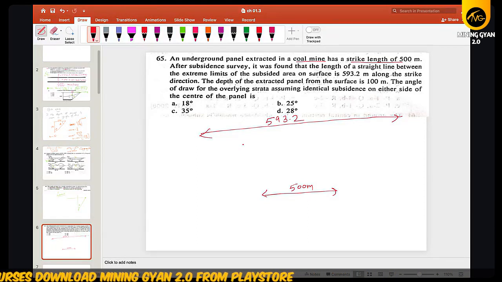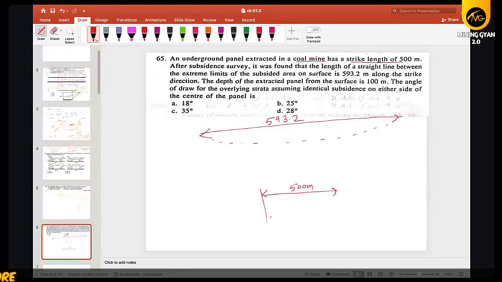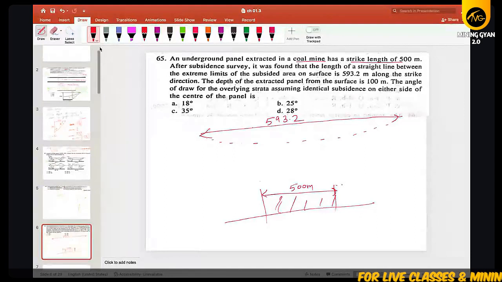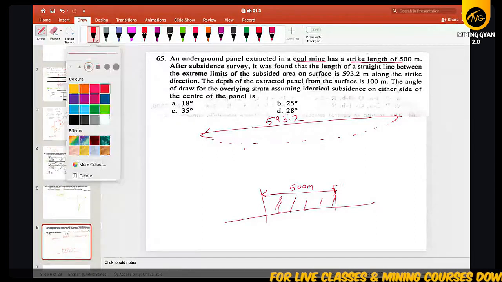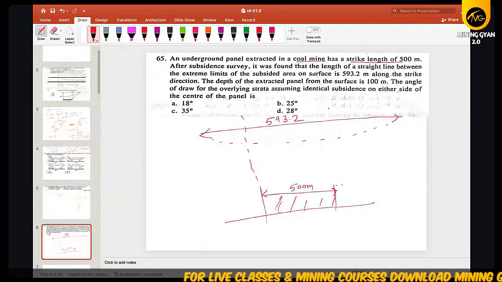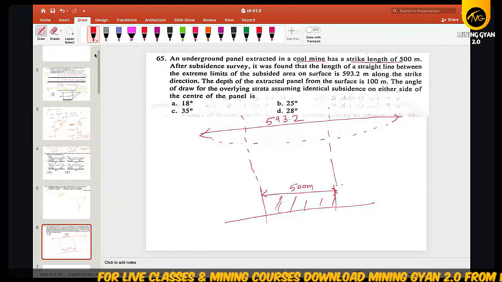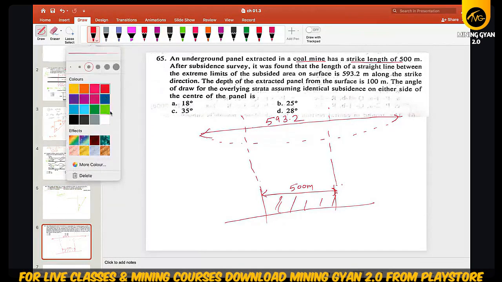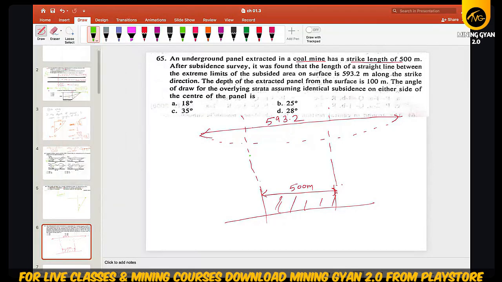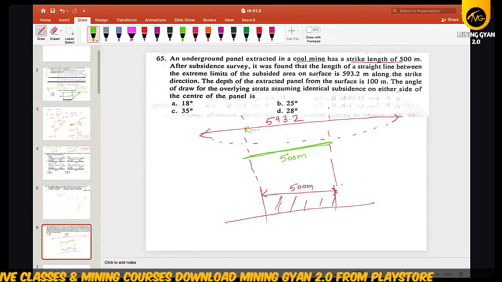And this is your strike of the block in the underground. When we extend this upward, from the similarity, this will also be 500 meter and this length will also be 500 meter.